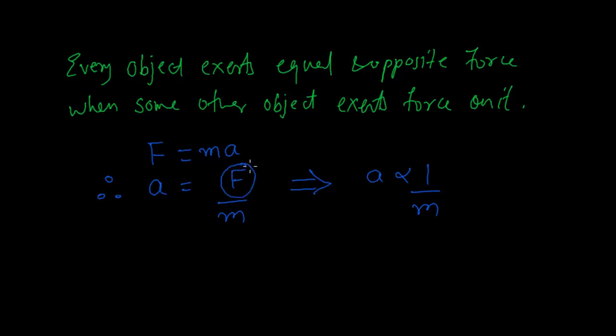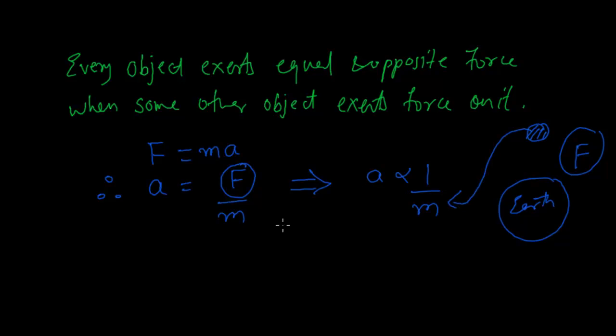That is, if F remains constant, because if this is Earth and this is a ball, then the magnitude of force acting between these two would be F for both of them. So acceleration is inversely proportional to the mass. If the object's mass is small, acceleration would be big. So obviously for the ball, mass is going to be very less as compared to the mass of Earth.